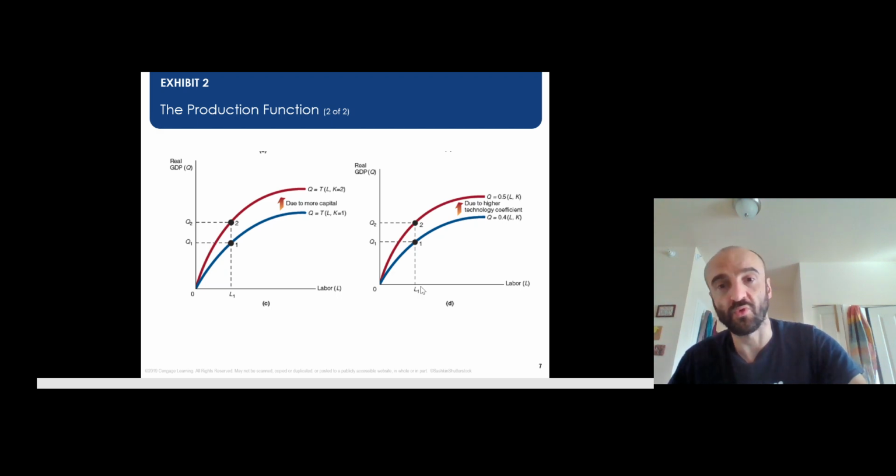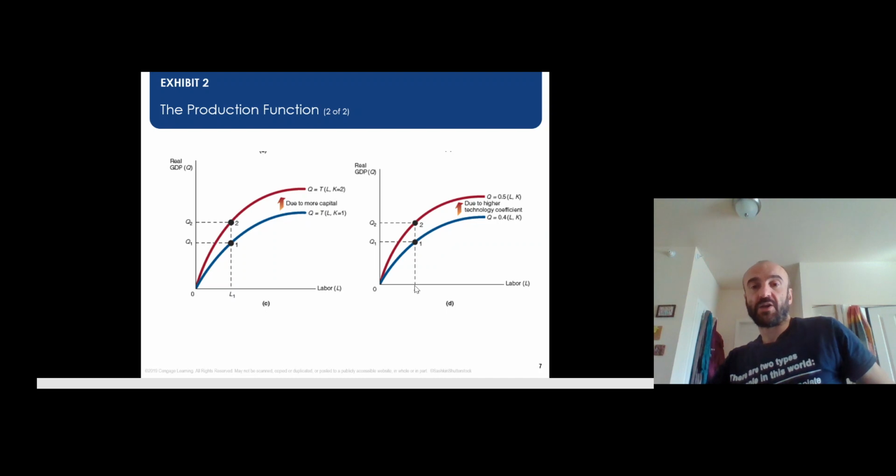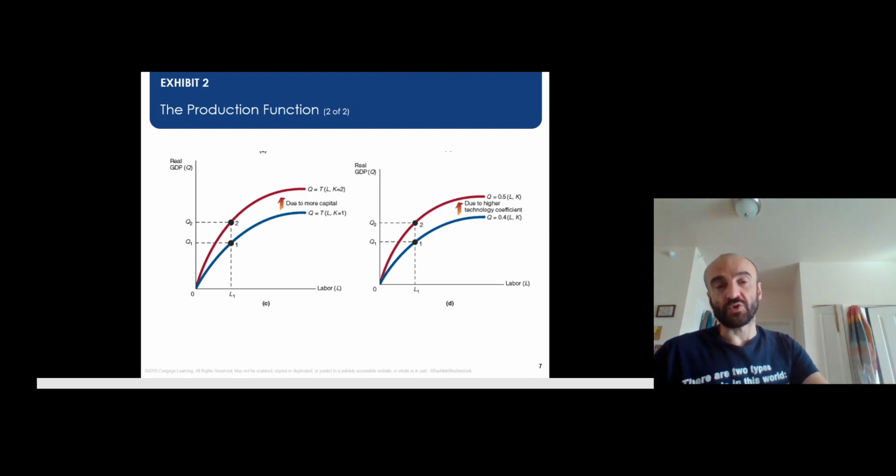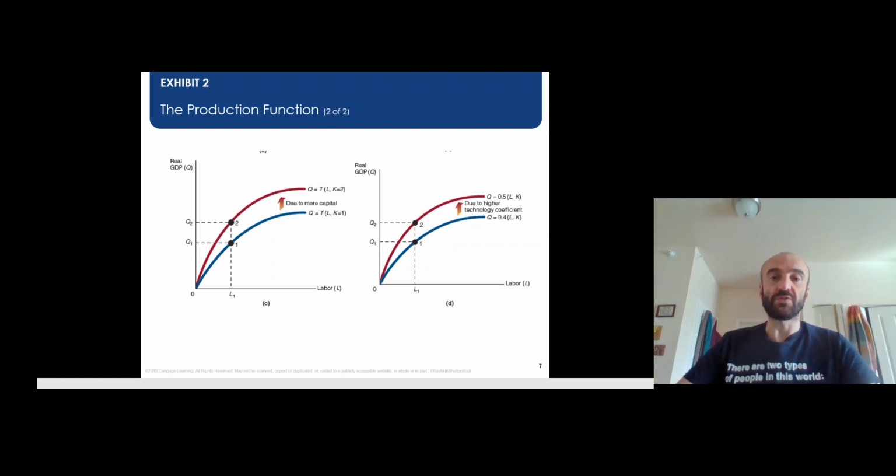Then one worker who will need 1 hour to produce 100 units of something with an inferior machine will need now 50 minutes or 40 minutes to produce. So then the same labor and the same amount of capital can produce with a better technology Q2 level of output. So you don't need to increase neither capital nor labor here to have an increase in real productivity. Technological change can do it.